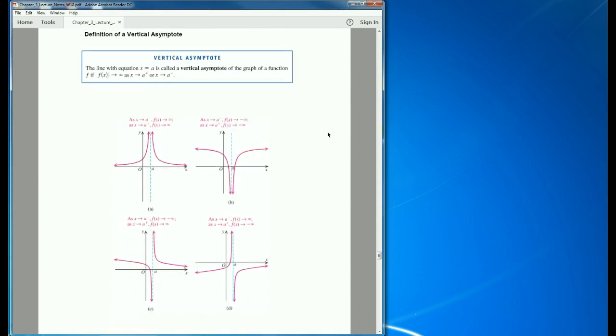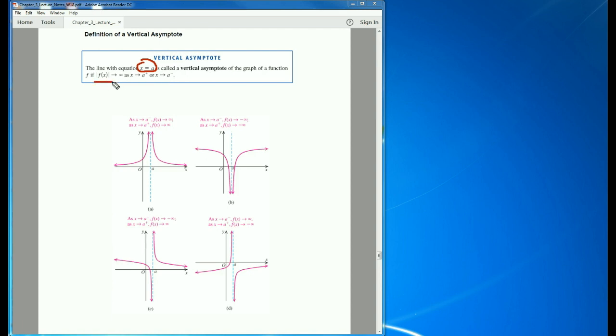So here from the book is the actual definition of a vertical asymptote. The line with equation x equals a, so x equals a constant, some number, is a vertical asymptote of a function f if the absolute value of f of x approaches infinity as x approaches a from either the positive side or the negative side.